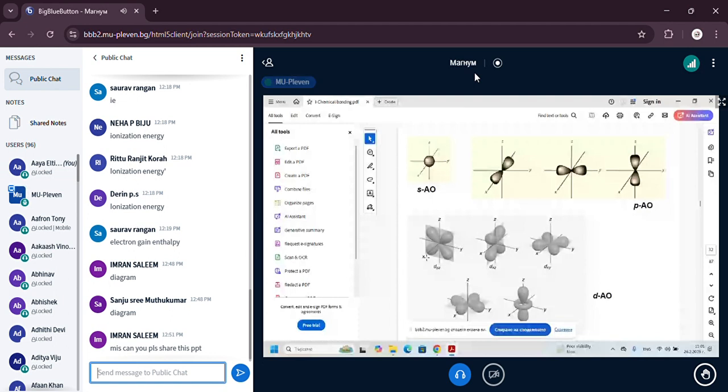You can see that for the yz atomic orbital, the lobes lie in a plane determined by axes Y and Z. The xz, similarly, the lobes lie in a plane determined by axes X and Z. The xy in a plane determined by axes X, Y. And these lobes lie between axes.